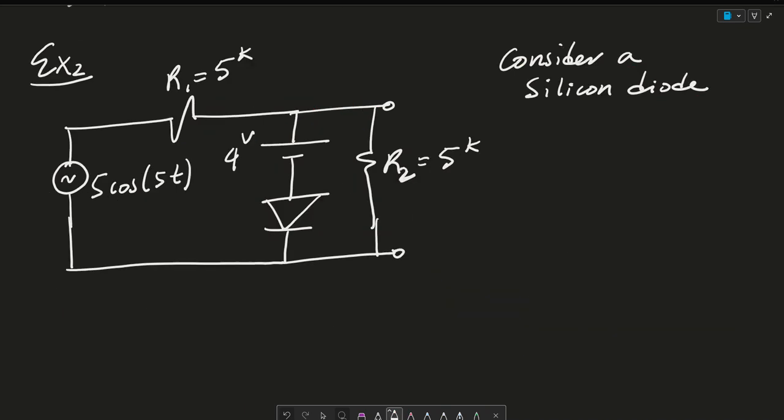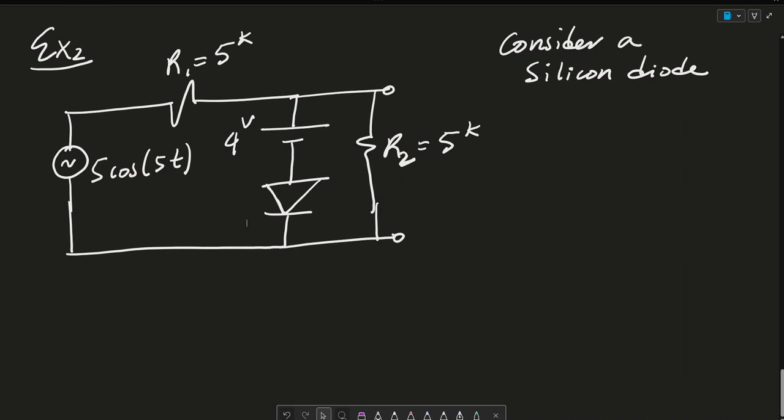For the last problem, we have a similar circuit, but now we change the configuration of our diode. So this becomes a positive parallel clipper circuit, right? Again, these two are in parallel, and we're going to see that the positive terminal gets shunted out.